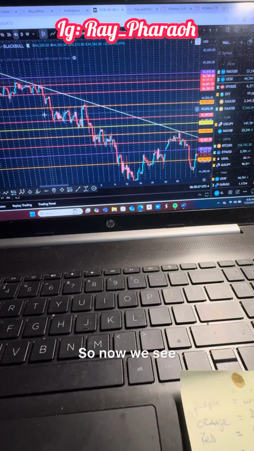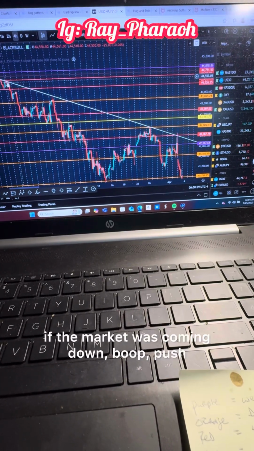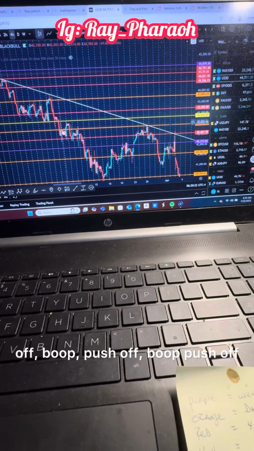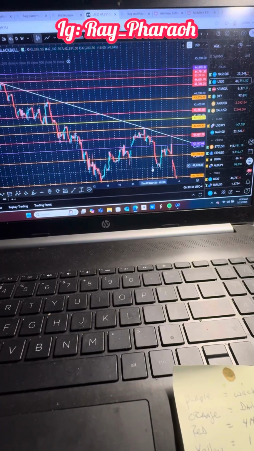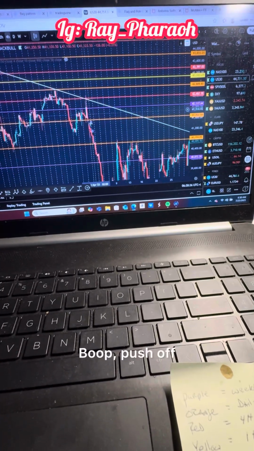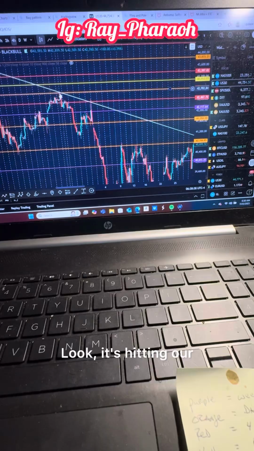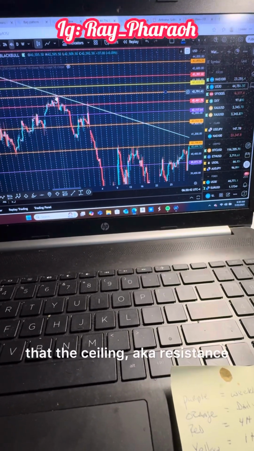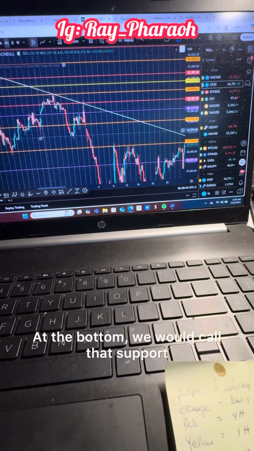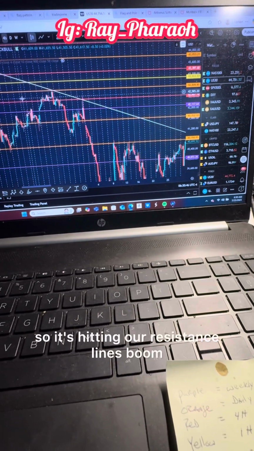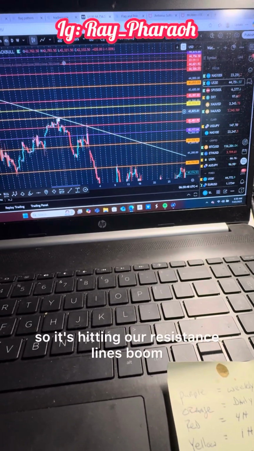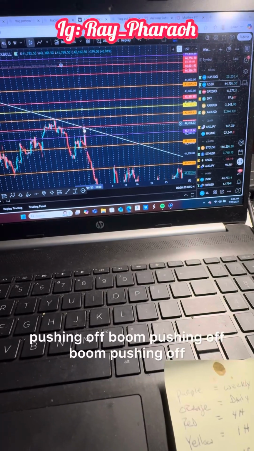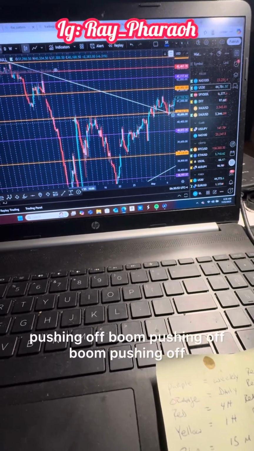So now we see if the market was coming down, push off, push off, push off, push off. Look, it's hitting at the top, we would call that the ceiling, aka resistance. At the bottom, we would call that support.